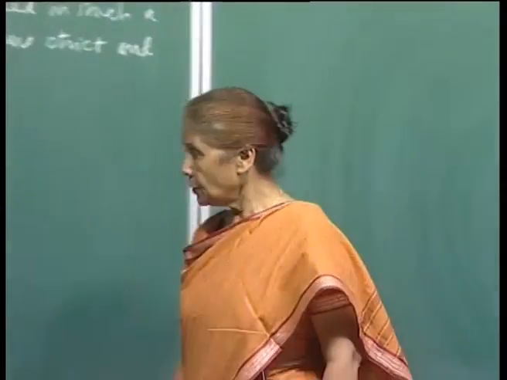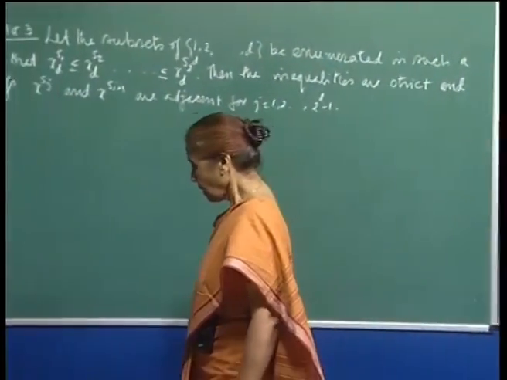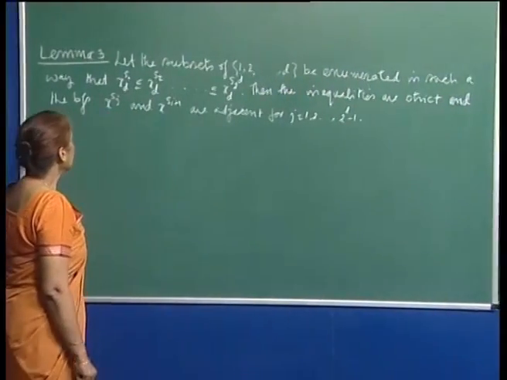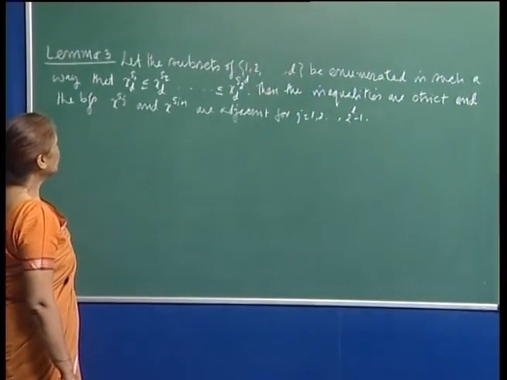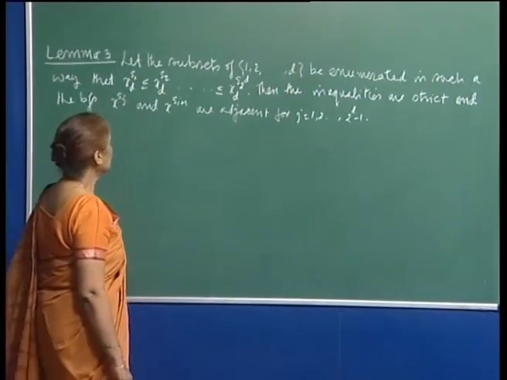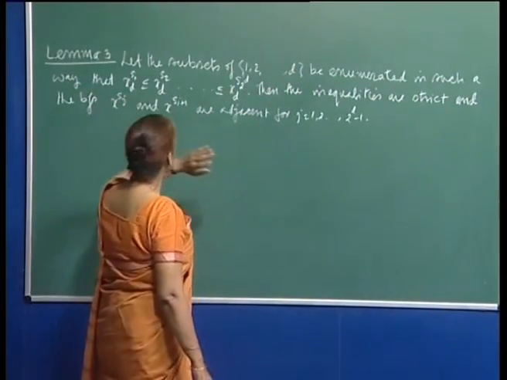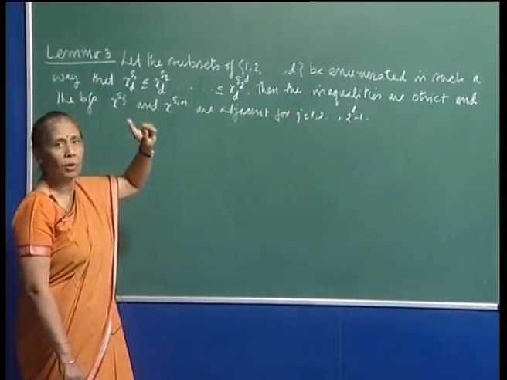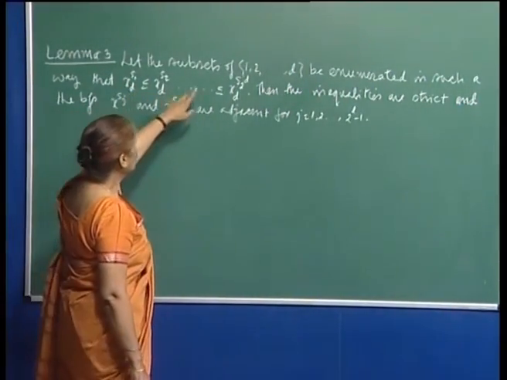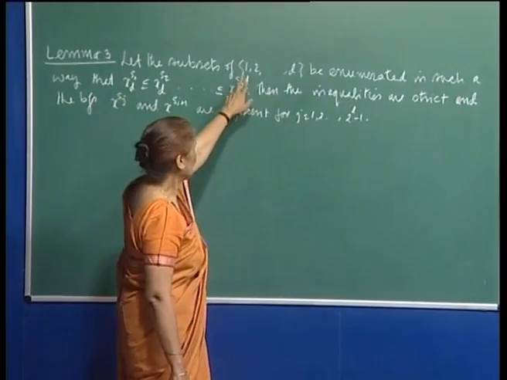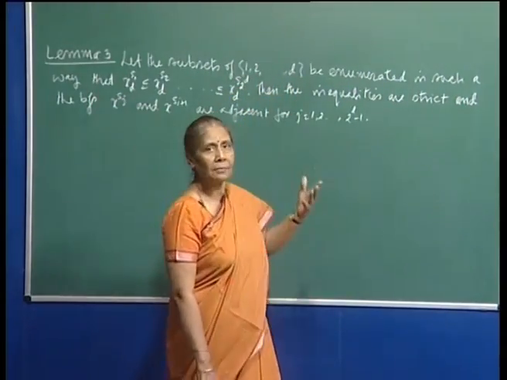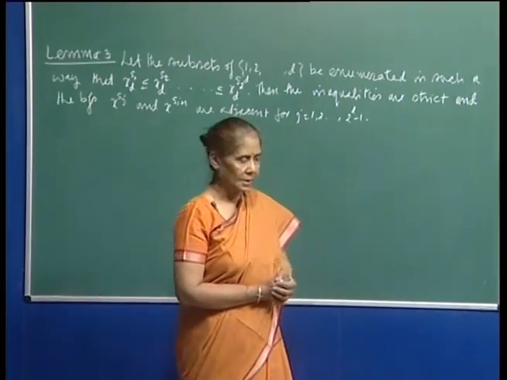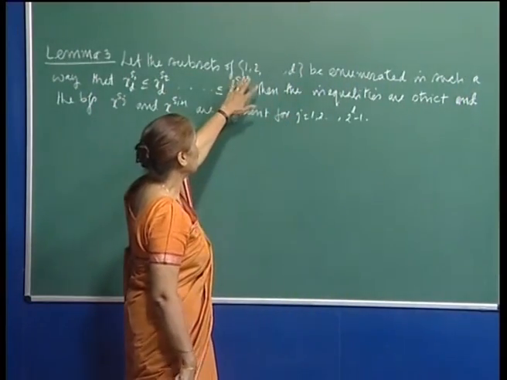So let me continue with the proof of showing why the simplex algorithm is not polynomial time. Lemma 3 says that the subsets of 1 to d can be enumerated in such a way that you can order the value of the dth component. A set having d elements will have 2 raised to d subsets, including the empty set.